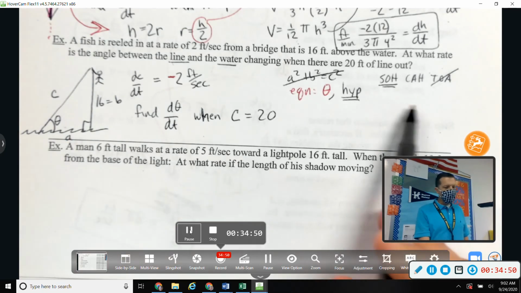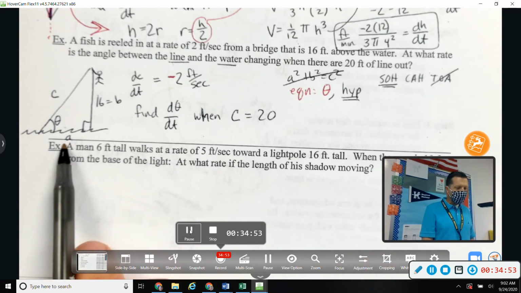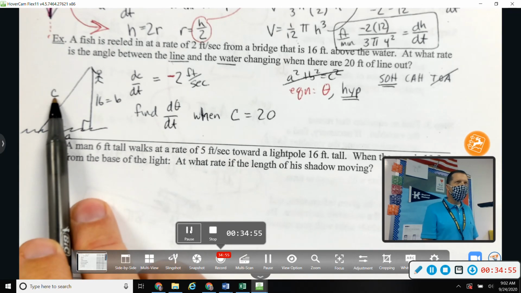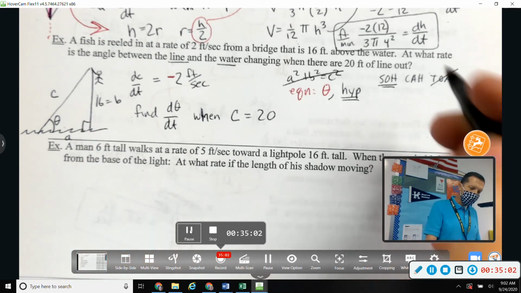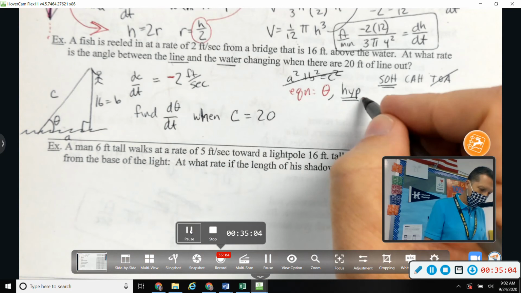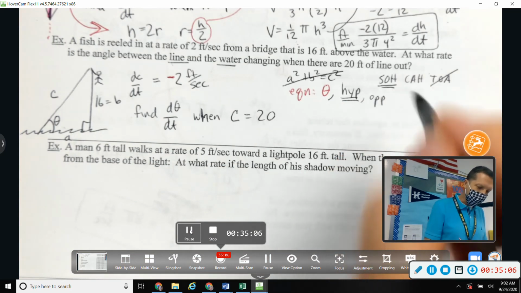So sure, I could write cosine, and then I'd have A changing and hypotenuse changing. Geez, let's avoid that. Let's pick the one that isn't changing. So let's go with sine because the opposite is constant.